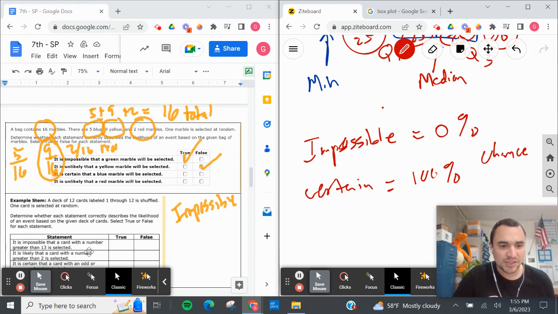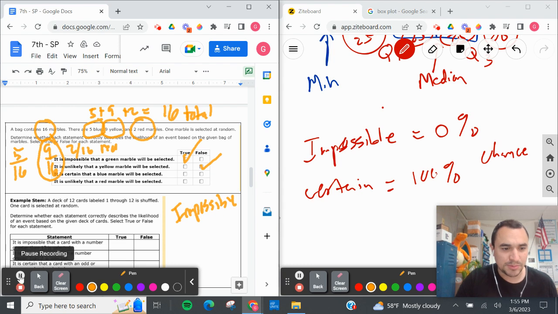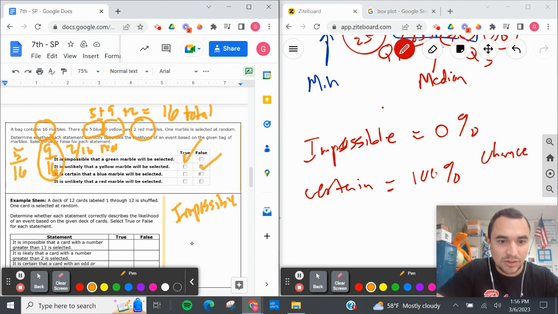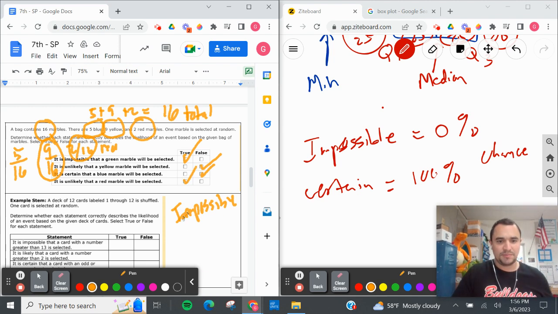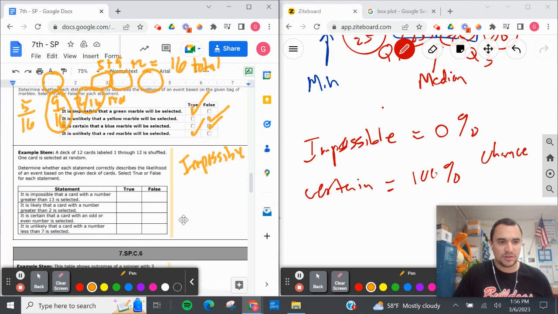So that's what we have there. Is it possible or certain? All right, so is it certain a blue marble will be selected? It is not certain. So false. It is unlikely that a red marble will be selected. Yeah, unlikely is here. 2 out of 16, definitely unlikely. And so if we take a look here, true, false, false, true, and that's what we have here.